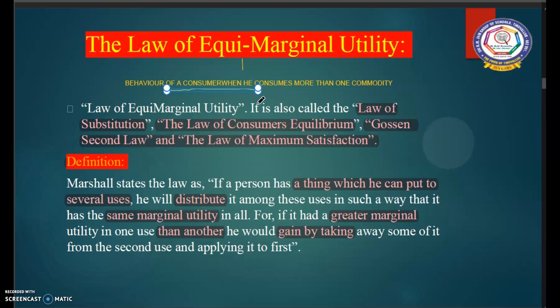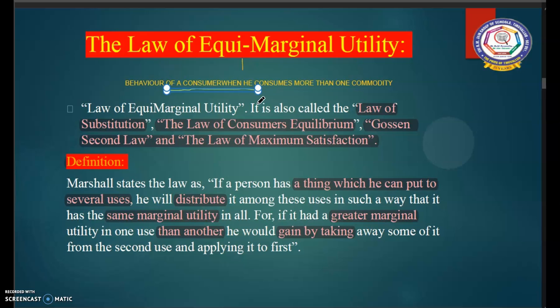Yesterday we discussed the law of diminishing marginal utility, which was applicable only to the want of a single commodity. But in reality, wants are unlimited, isn't it? And these wants are to be satisfied. So to analyze such a situation, the law of diminishing marginal utility is extended and it is called the law of equi marginal utility.